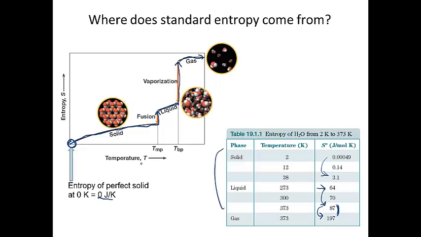So these numbers here reflect going from here right up to there. And so by adding up all those entropy changes for each of those steps of heating up the liquid and the solid and the gas, depending on which phase you're in, and the entropy changes for the phase changes, one can arrive at the actual entropy that we have in those tables.